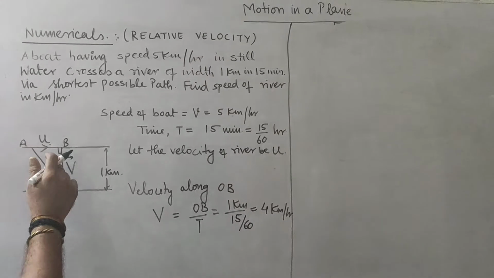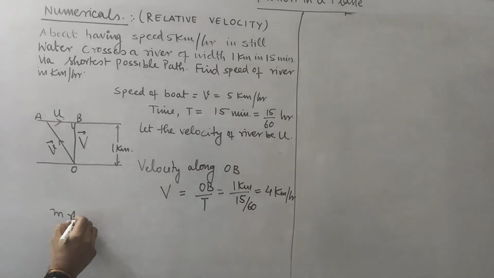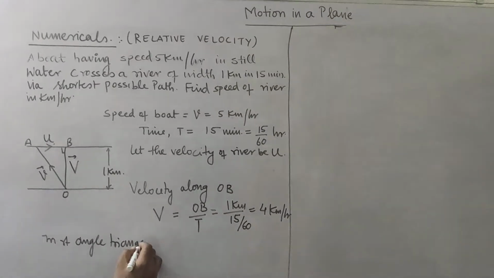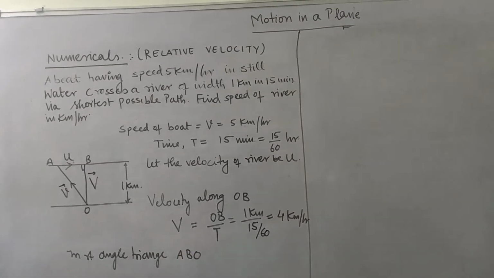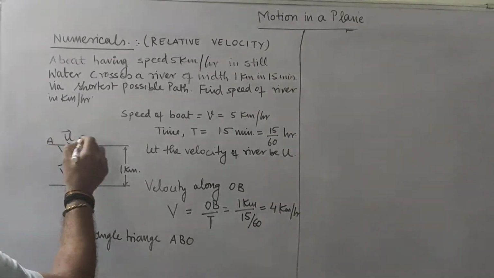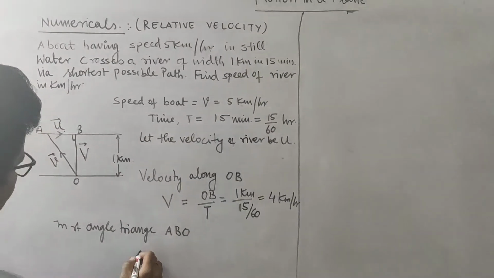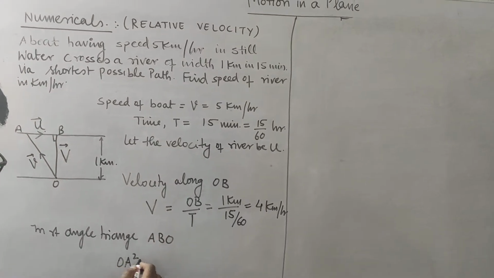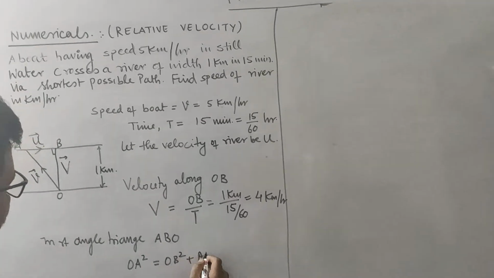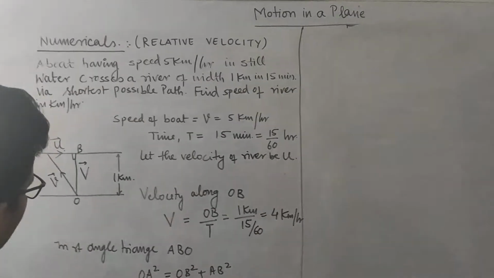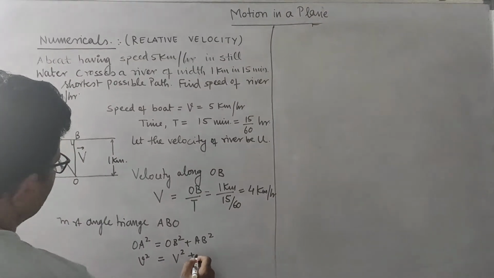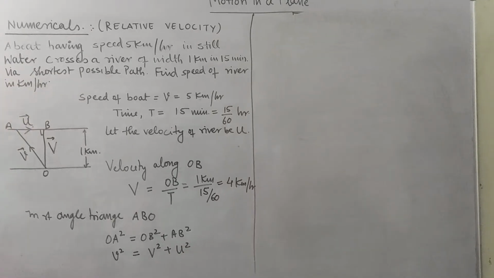So in this right angle triangle ABO, applying Pythagoras theorem, you are having these velocities. So you can see that OA square is equal to OB square plus AB square. So here OA is small v square, capital V square plus u square. You need to find u square.